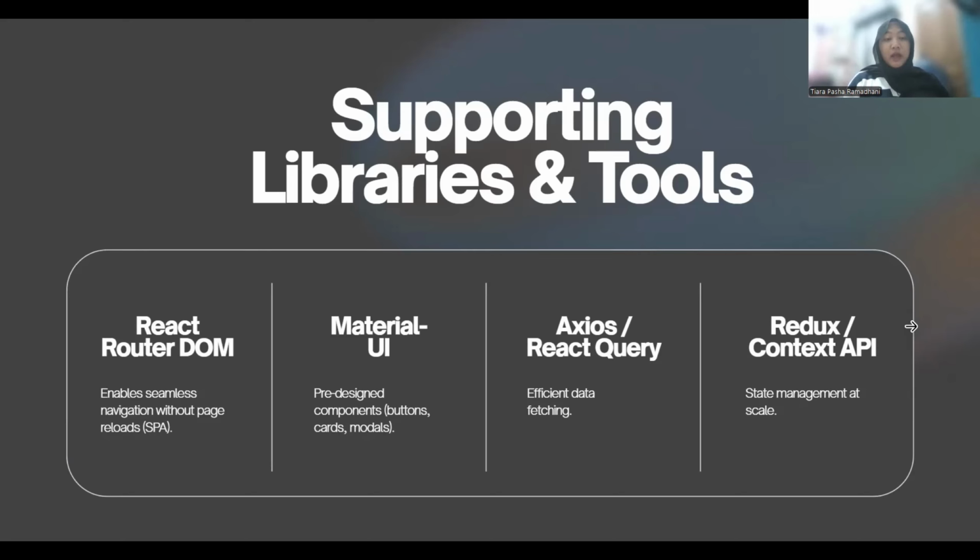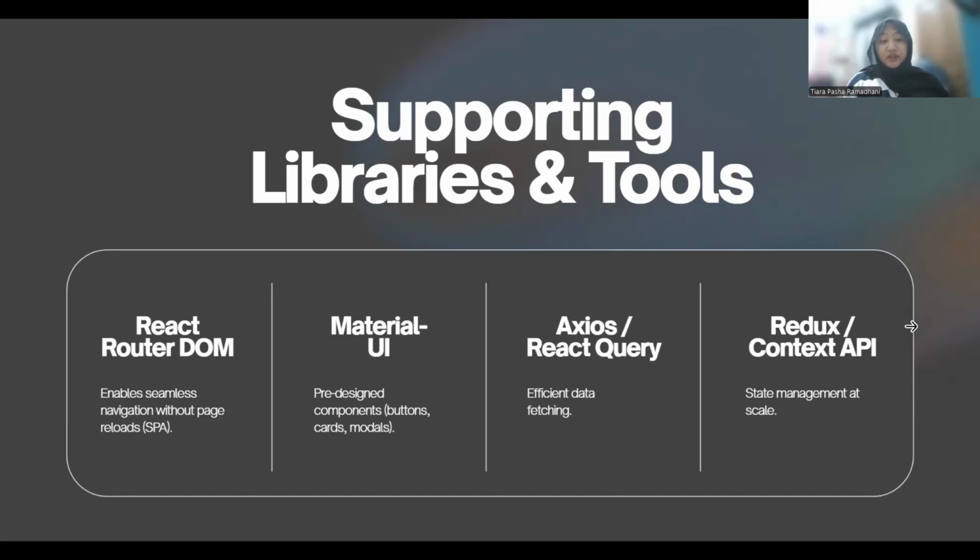Material UI. Material UI provides beautifully designed, accessible components out of the box. Instead of building every button, form, or modal from scratch, you can use these professionally designed components. And the last, for data management, Axios simplifies API calls, while React Query handles background updates and synchronization.